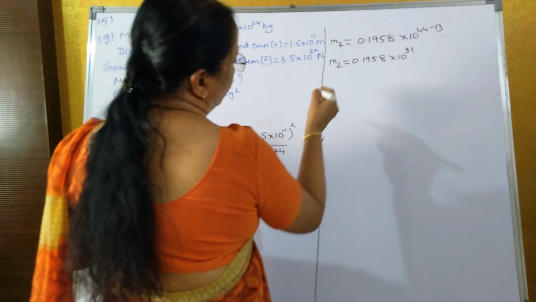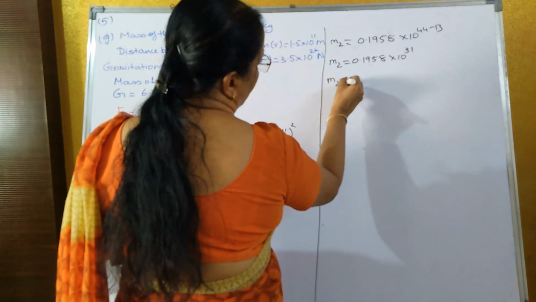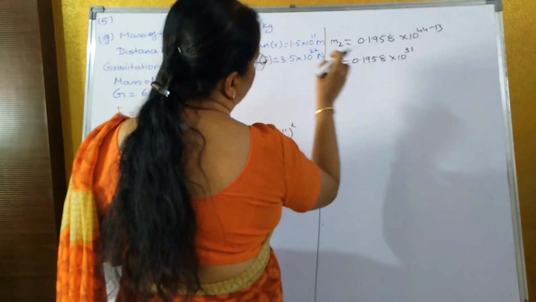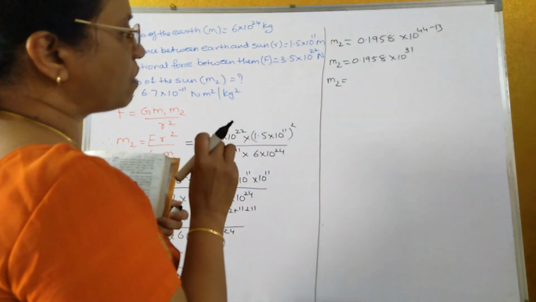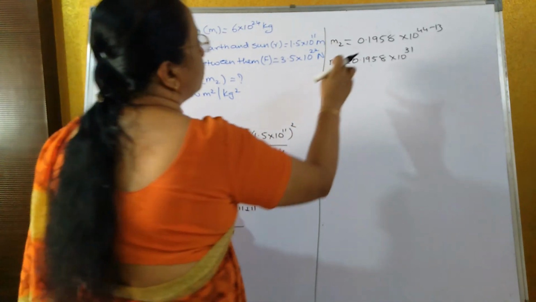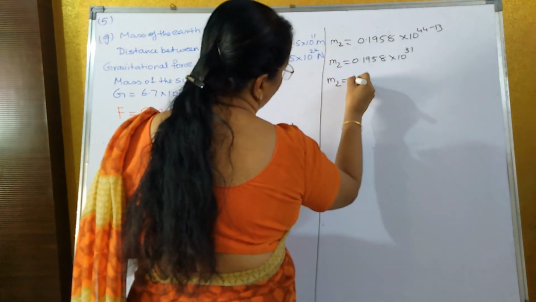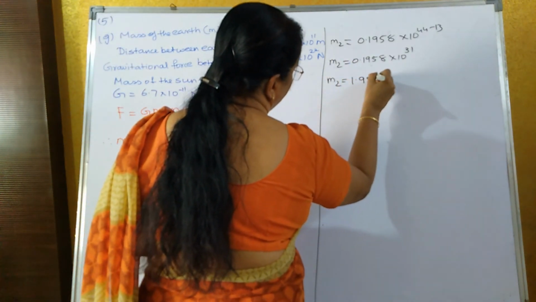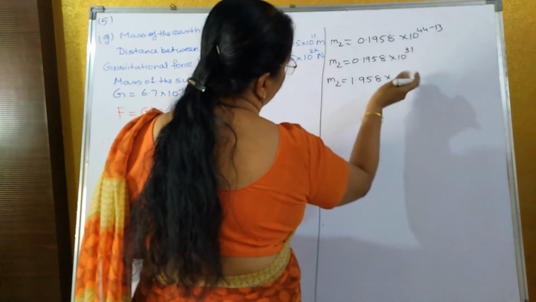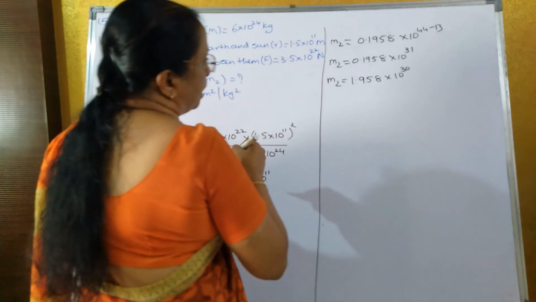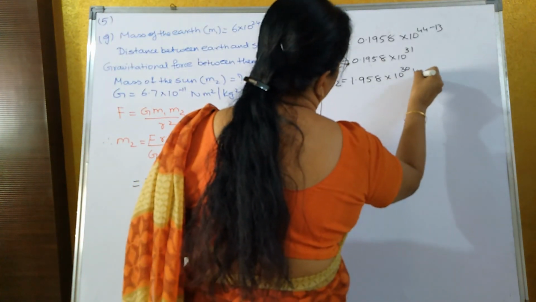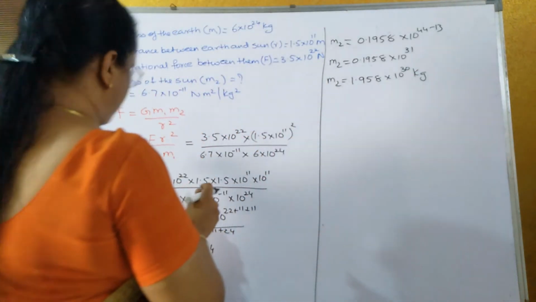Now before only I had told you that before the decimal it should not be 0, it should be a single digit number, that is from 1 to 9. So shift the decimal to the right hand side, and you'll get 1.958 into, since you shifted to the right hand side, the power will decrease by one, so it will become 10 to the power of 30 kg. So this is the final answer.